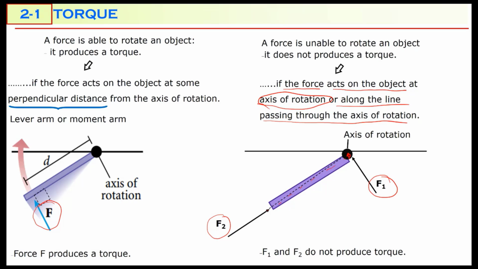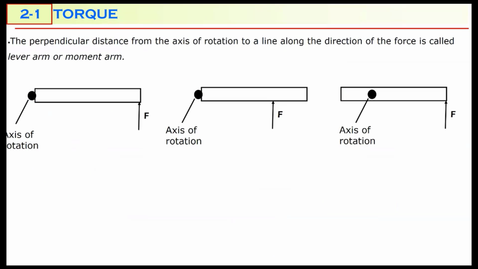Teacher, so can we say rotation starts by the force which produces a torque? Yes, you are right. Rotation of an object starts by a force which can produce a torque. The perpendicular distance from the axis of rotation to a line along the direction of the force is called lever arm or moment arm.